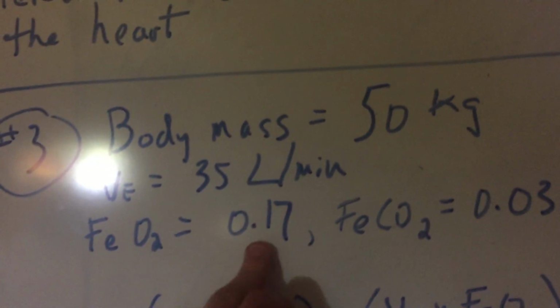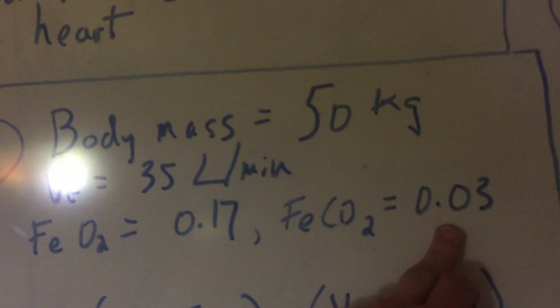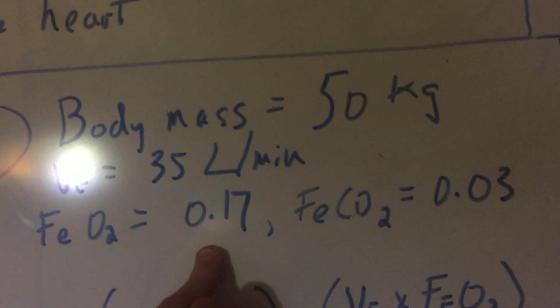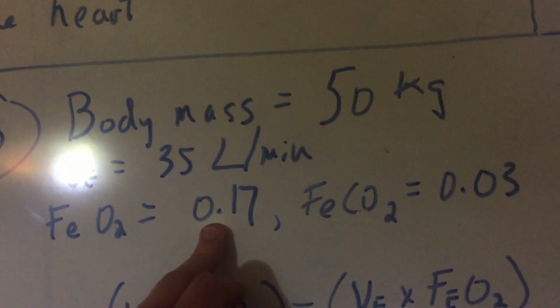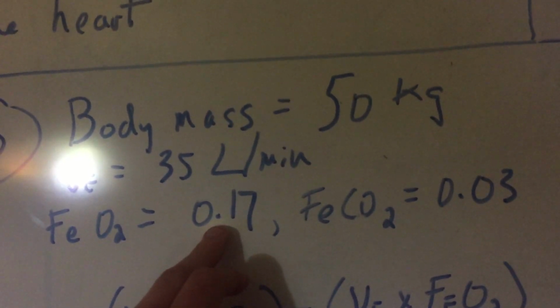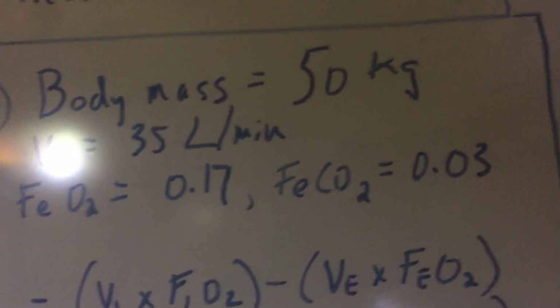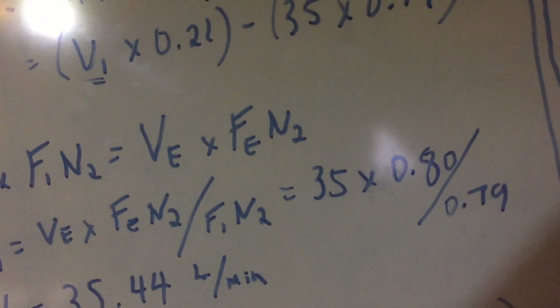If you add those up, 17% plus 3% is 20%. The remainder is going to be nitrogen, which is 80%. So I've just taken 100%, subtracted 17%, and then subtracted 3% to get 80%. And as a fraction, it's just 0.80.